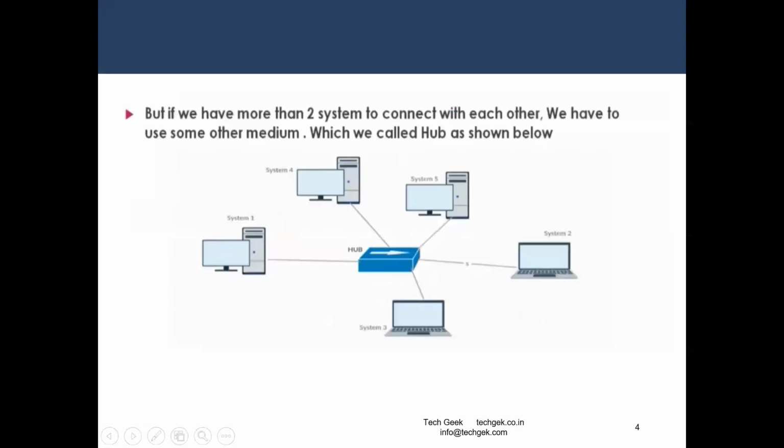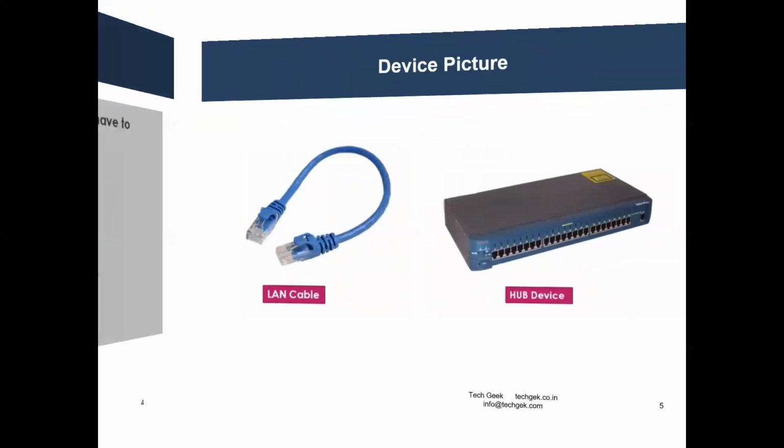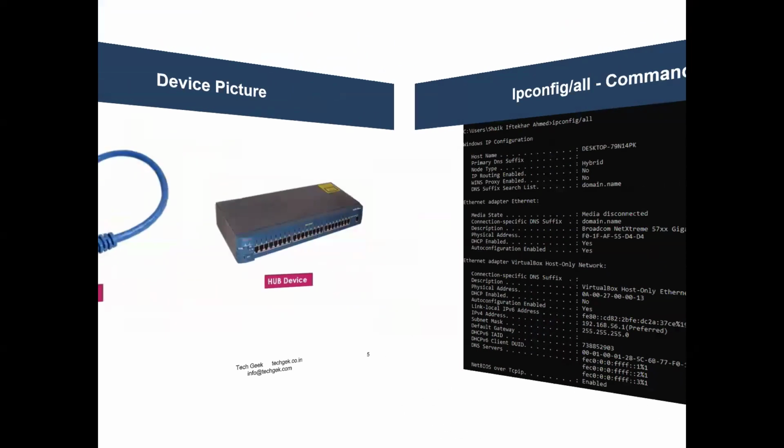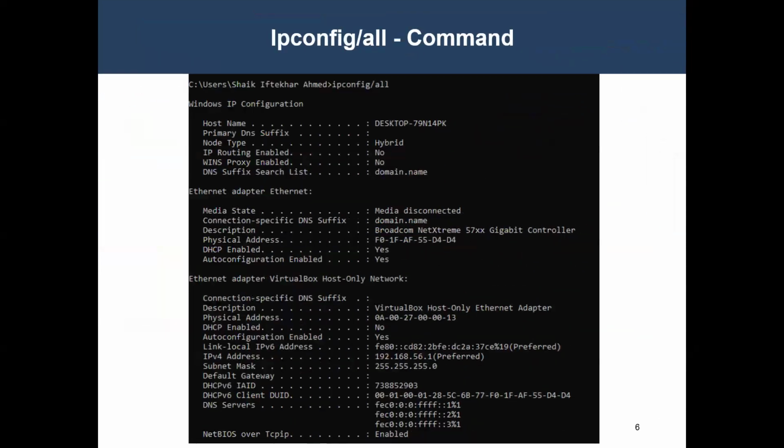But in general, whenever we have more than two computers, we use a central medium, which is considered a hub, in order to communicate. How does it connect? As we have seen, we have a hub and a LAN cable through which we connect, and we know that it contains the MAC address, IP address, and certain adapters.